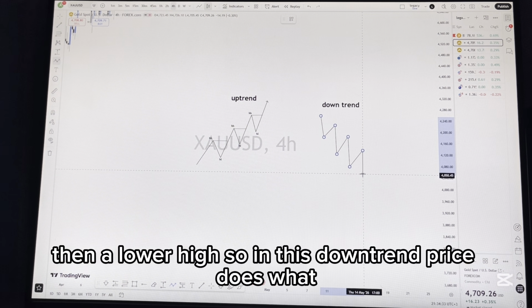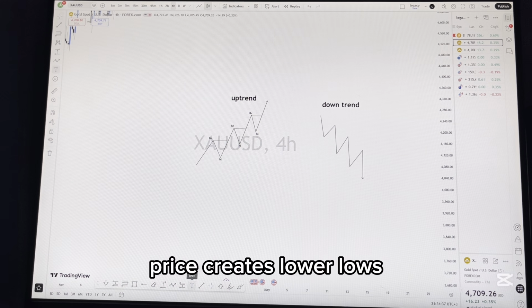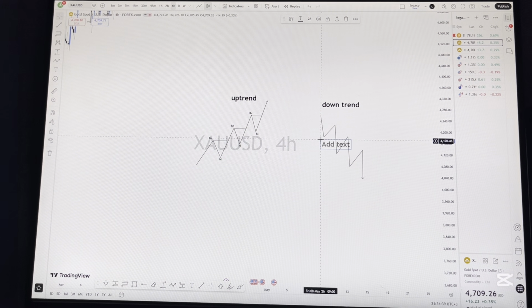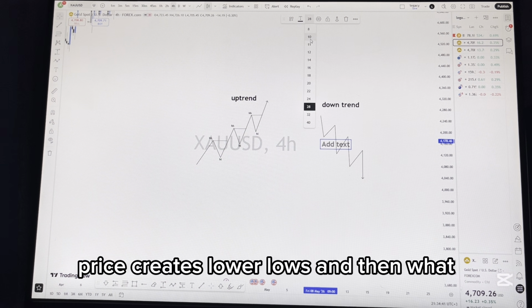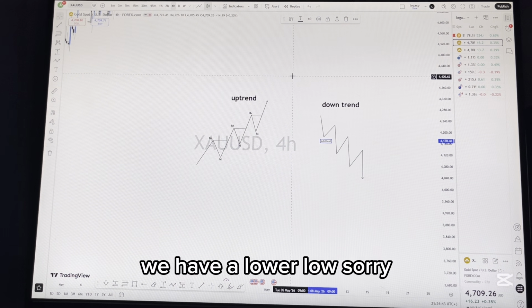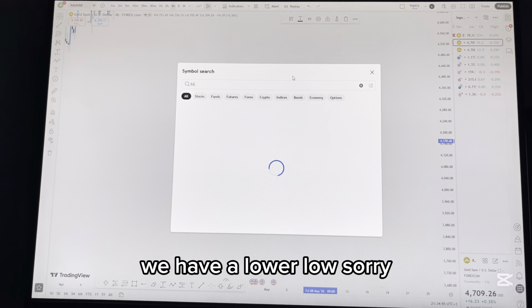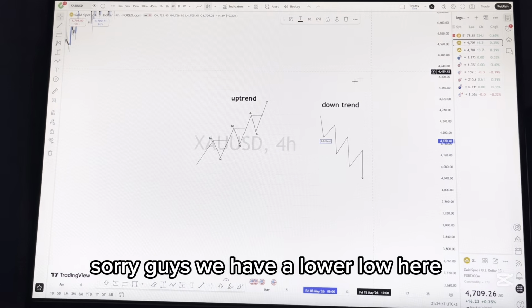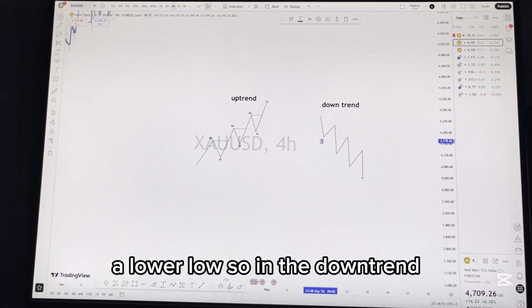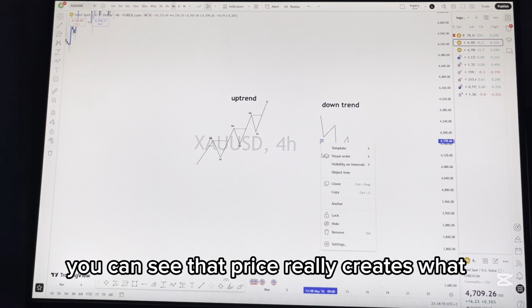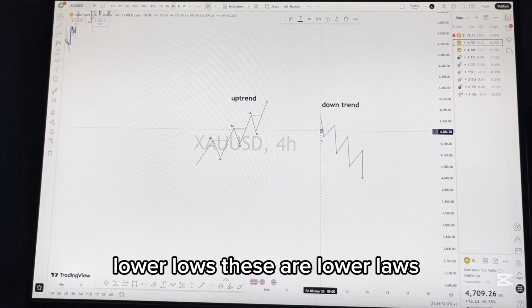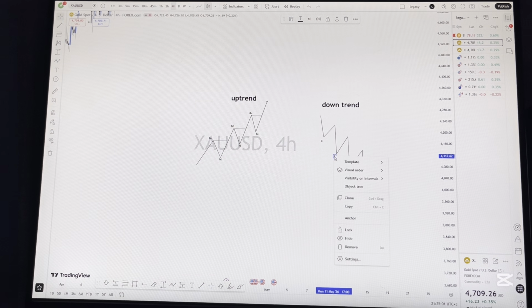So in this downtrend, price creates lower lows, and we have a lower low here, a lower low. You can see that price really creates lower lows. These are lower lows.